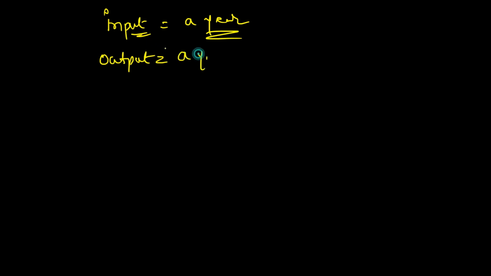Whether a year is a leap year or not. So how do we decide whether the given year is a leap year or not? There is a specific procedure to decide this.